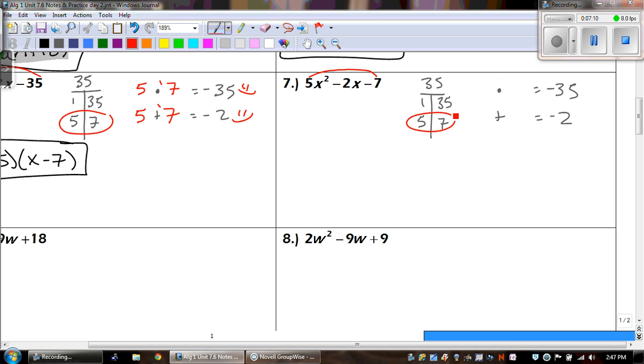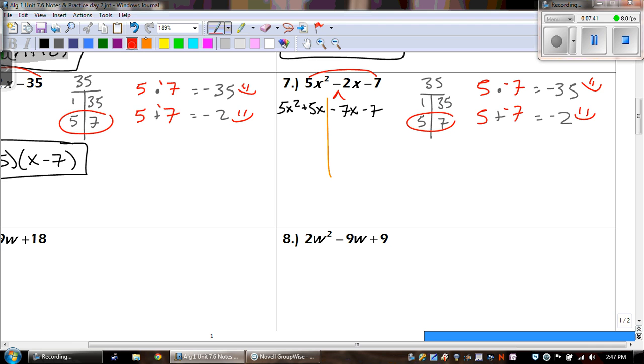Once again, it's 5 and negative 7. This part's the same. But we have to split the middle term because our leading coefficient is not 1. So we get positive 5x minus 7x minus 7.